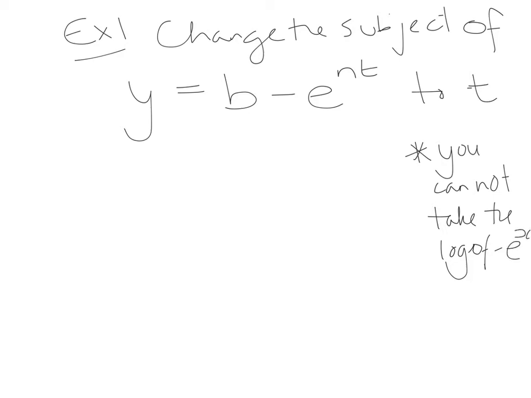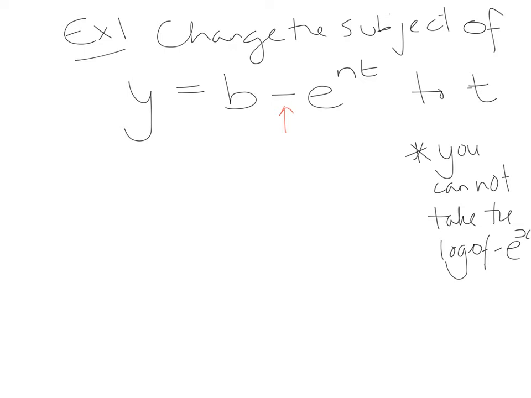Once we have the exponential function by itself, we would take the natural log of both sides of the equation to eliminate the exponential function. But we cannot do that if we have a negative sign, and right now we have a negative e. So if we were to move b, we would still have this negative sign in front of the exponential.